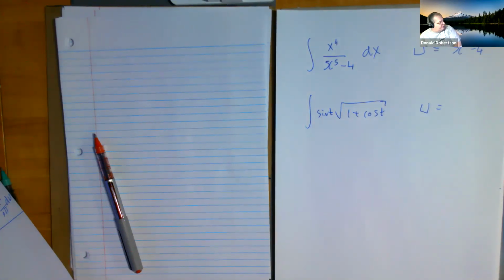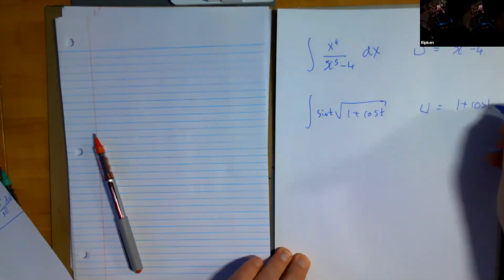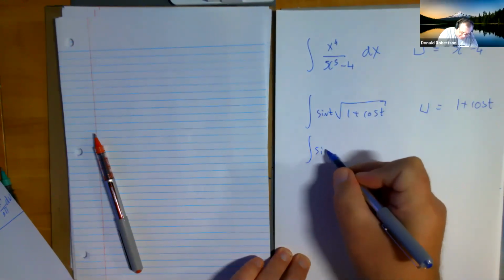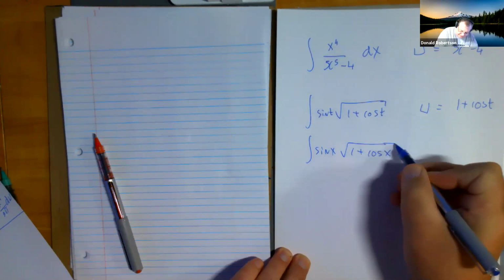Who's the U sub in this question? One plus cosine 2. Okay. Now, isn't this exactly the same math as that guy? Agreed?